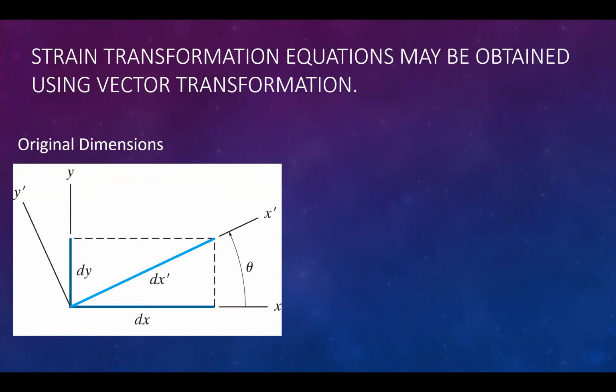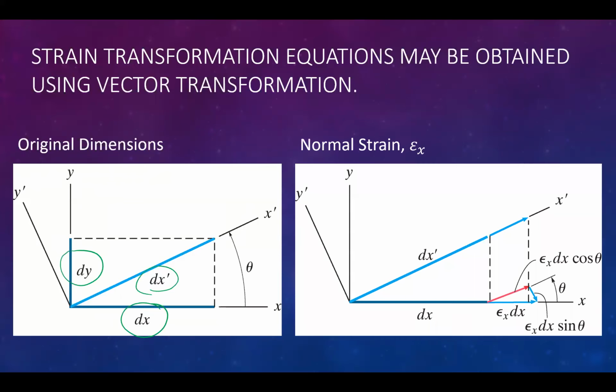And so if we have an object with, say, these initial dimensions, say we have initially some small delta x and delta y, and that would mean that there would also be some initial delta x prime. So we have these three initial dimensions.